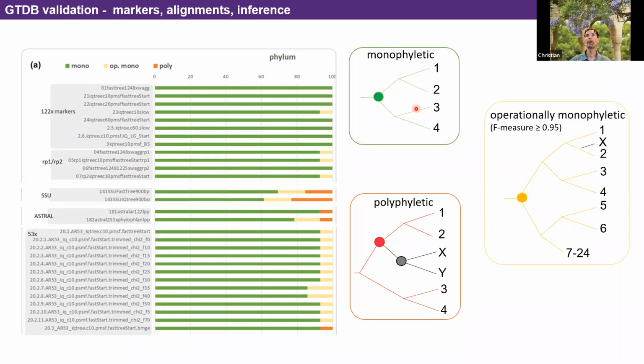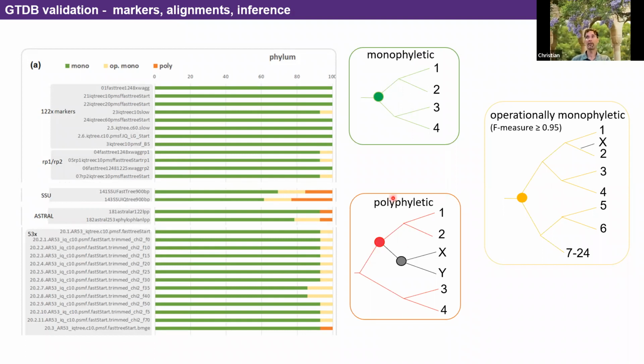So when we created the trees, what we're looking for is taxonomic stability, right? We want to see which group that we gave a taxonomic label is actually monophyletic, and then we get a green color. In the other case, if the group turns out to be polyphyletic, let's say another group jumps into it, then this group would be colored in red.